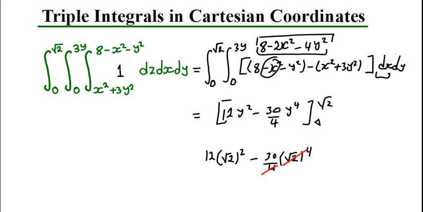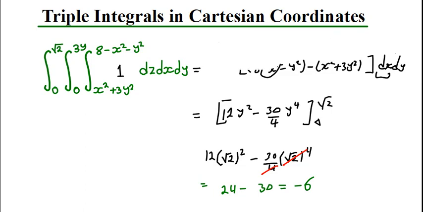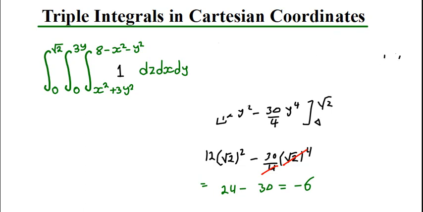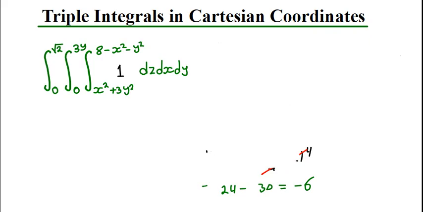The square root of 2 squared is 2, so 12 times 2 is 24, minus 30 gives minus 6. This is our final answer. So we have concluded that this triple integral gives us minus 6 as the solution, and that's how we answer this one.